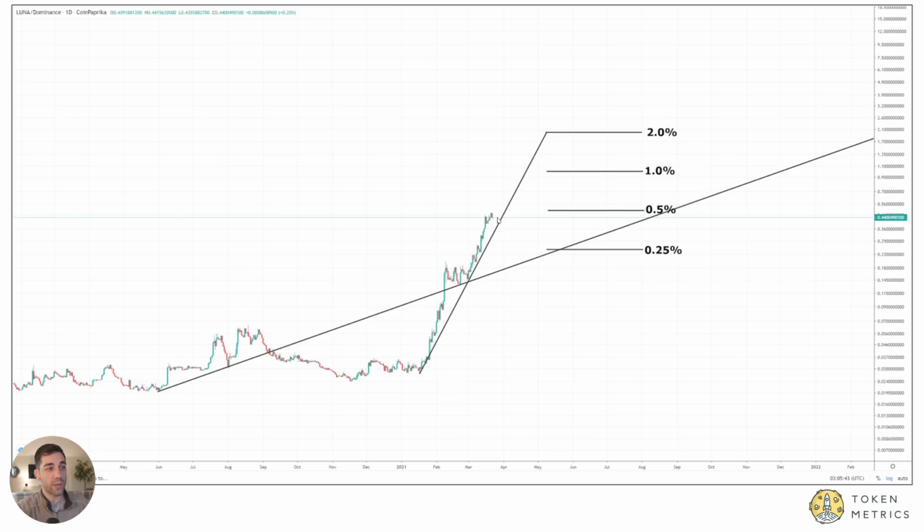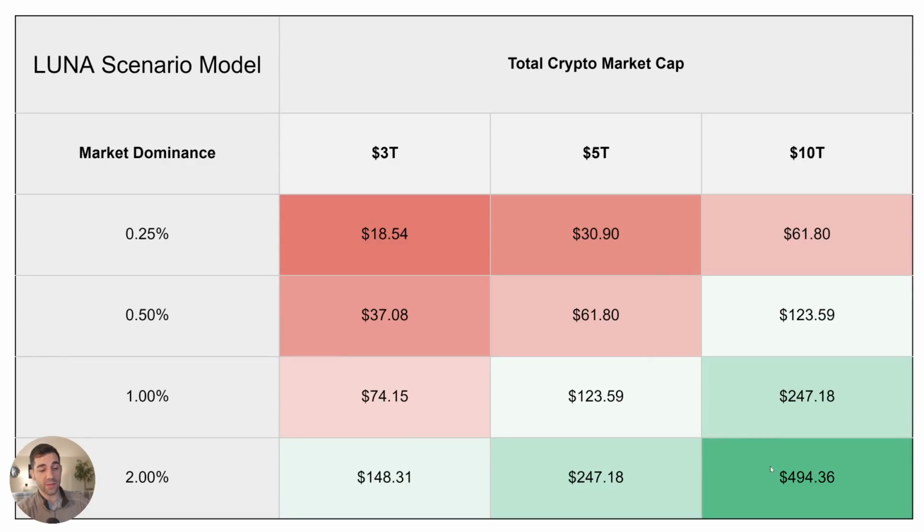And I don't know that Luna will be able to continue stealing market dominance and even 4 or 5x in market dominance from where it's at right now to reach this 2% model. But I wanted to build this in there just because that's the trend line we're currently on. And by not building it in there, I don't think we're doing ourselves any favors, because we want to consider every possible scenario.